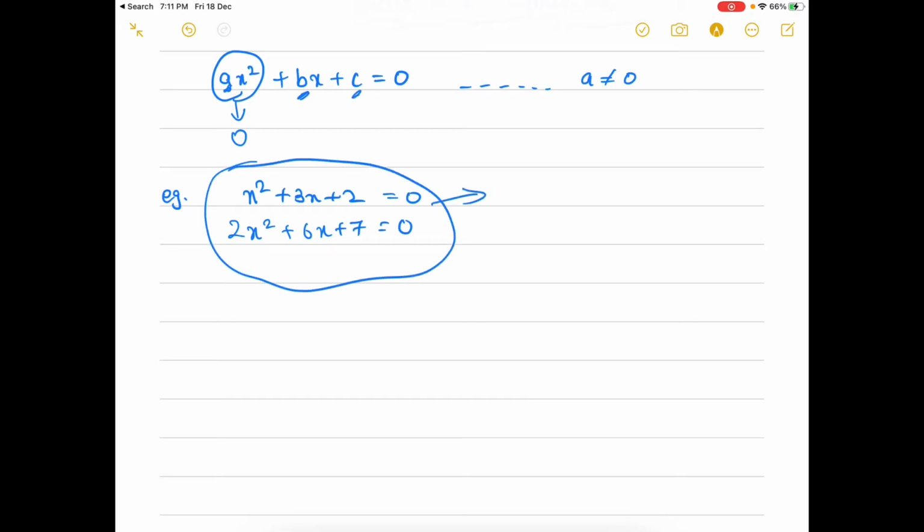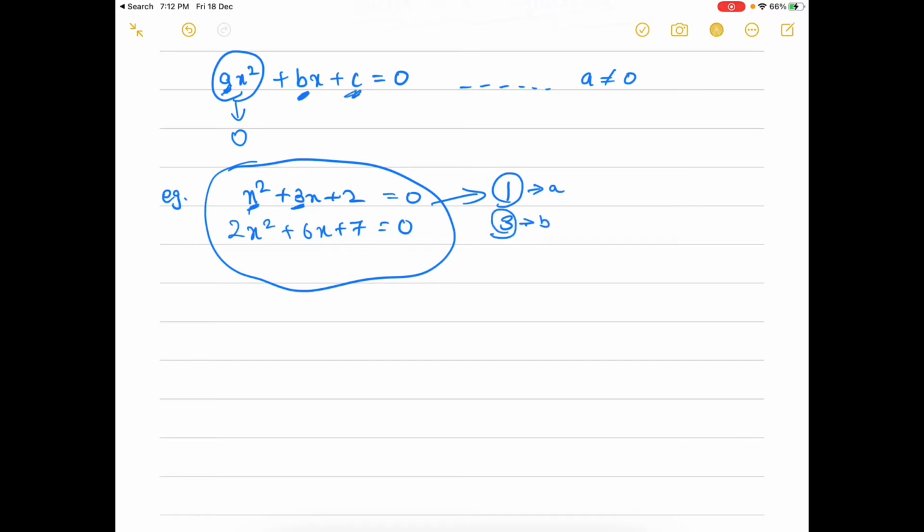In the first one, we have seen that a is the coefficient of x square. So the coefficient of x square here is 1. And b is the coefficient of x. So here 3 is the coefficient of x, so this is equal to b.